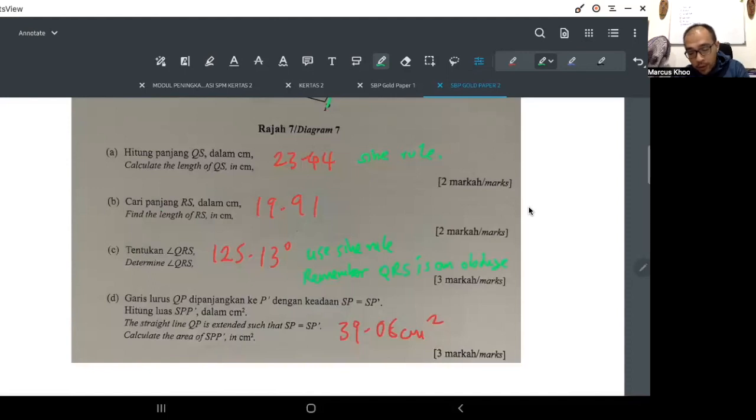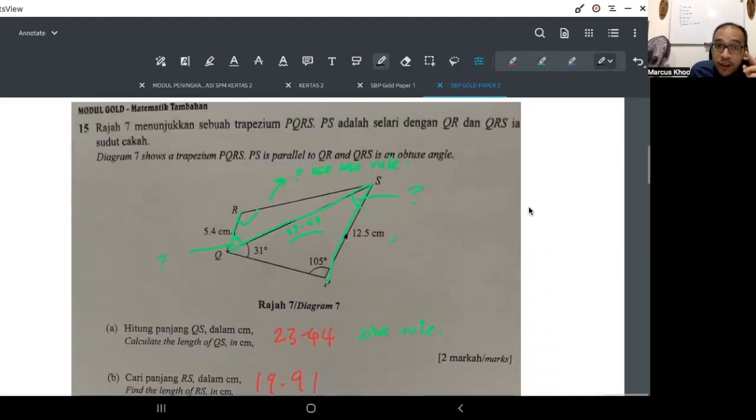So when you have an obtuse angle, when you shift sine already, you need to minus 180. Because the question very clearly states that it's an obtuse angle. That means the value of the angle cannot be less than 90 degrees. It must be more than 90.